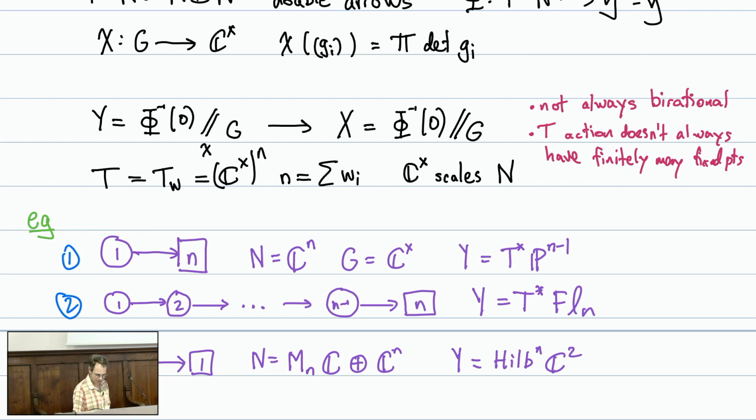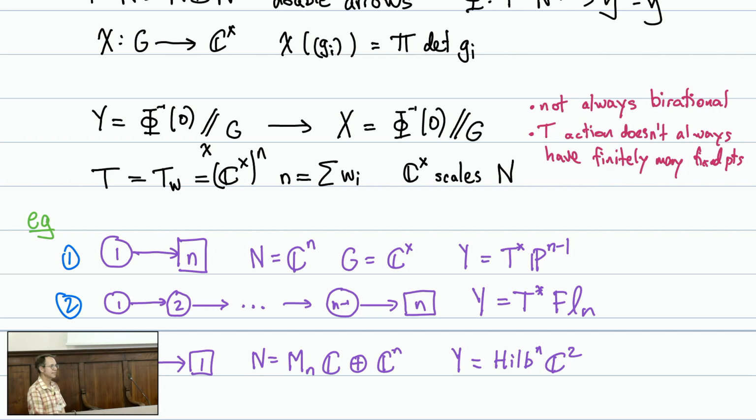Okay, so the first example, I take a one-dimensional vector space here. So my graph in the first case is trivial, just a single dot. I only have one circled vertex connected to one framed vertex.